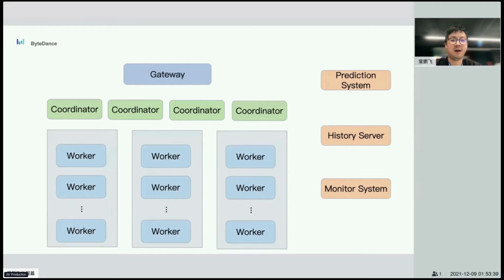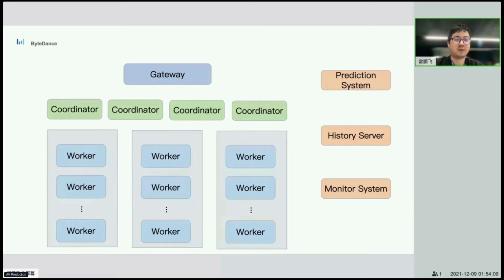This slide gives an overview of our deployment of Presto clusters. We have several independent clusters to serve different user scenarios, and deploy coordinators and workers within each cluster. In front of these clusters, we deploy a gateway to provide a unified user interface. Additionally, we have several auxiliary services.